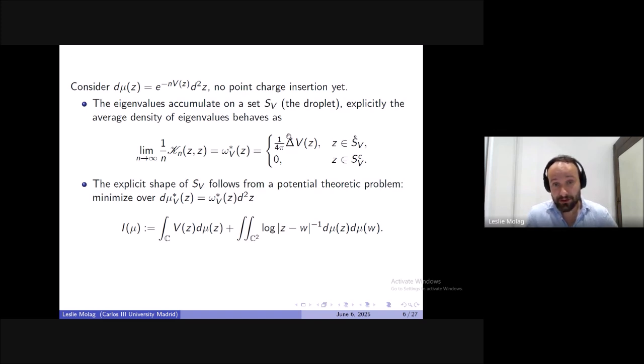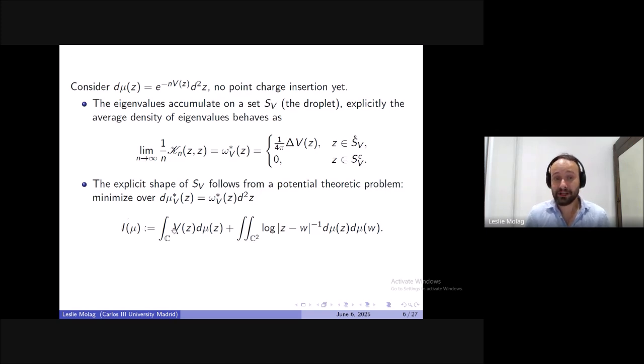The particular form of this limiting density is just the Laplacian of V. But in general, determining what S_V is, what the droplet is, is not an easy task. But it has a certain potential theoretic interpretation. We consider this functional that you see here.